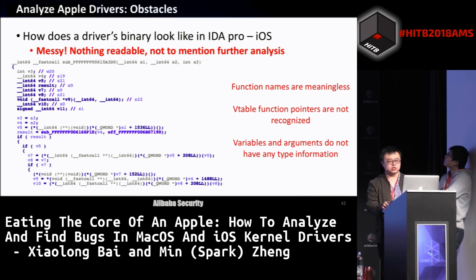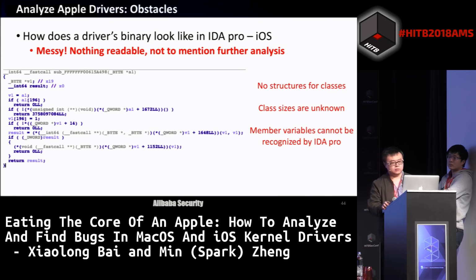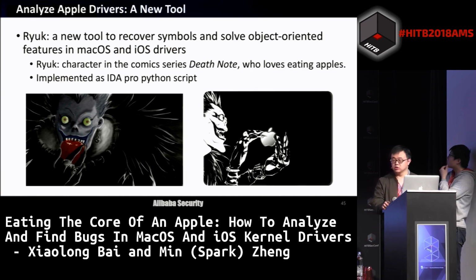Here you can see that the function names are meaningless, the real targets of function pointers are unknown, and the variables have no type information. And also, like macOS kernel drivers, without knowing the class structures, the reads and writes on class member variables cannot be recognized. So, in order to overcome these obstacles, we design and implement a new tool.